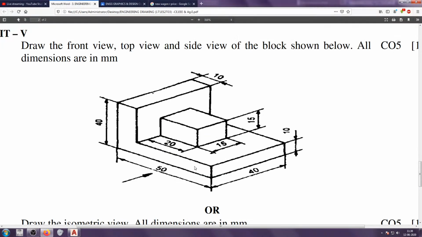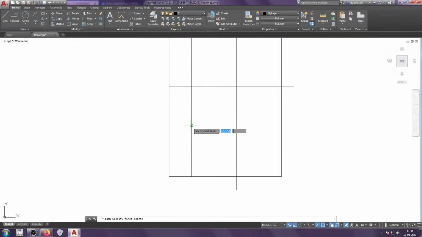Or otherwise you can also take the midpoint of this particular line, and you can connect this one to this particular midpoint. Whichever way is fine. So I'm going to start from this location with 12.5, and from this location also with dimension 12.5.